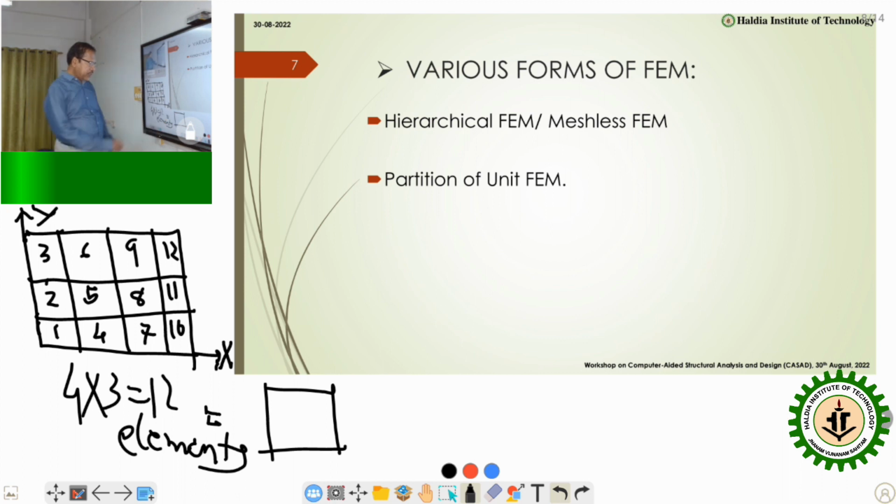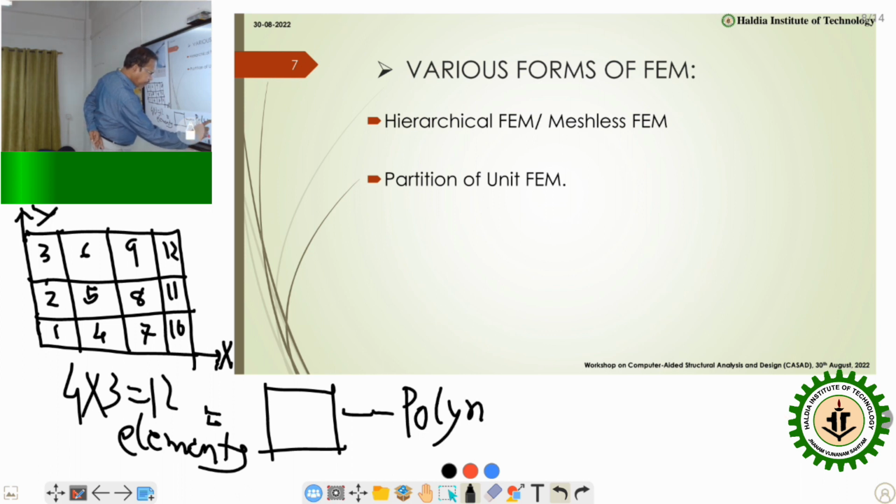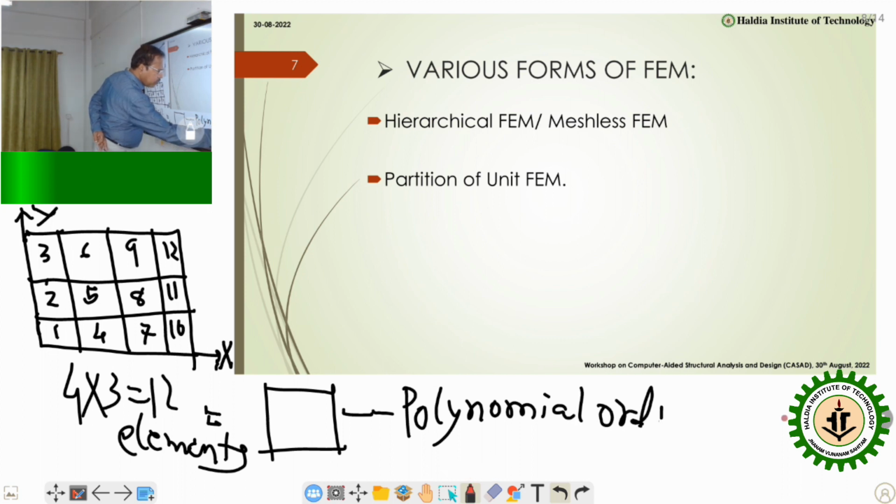So here what happens is a kind of polynomial degree refinement, or P refinement. This is called P.